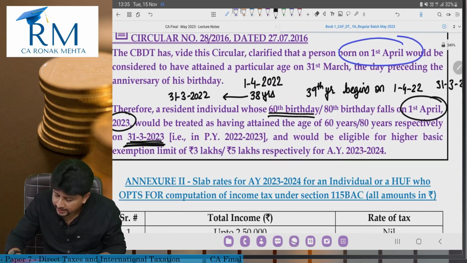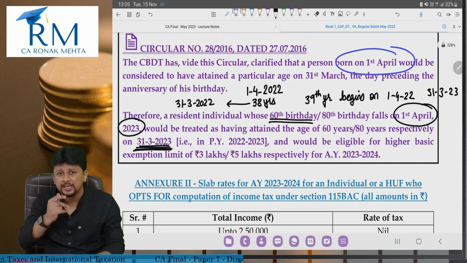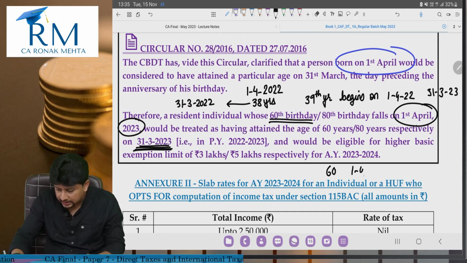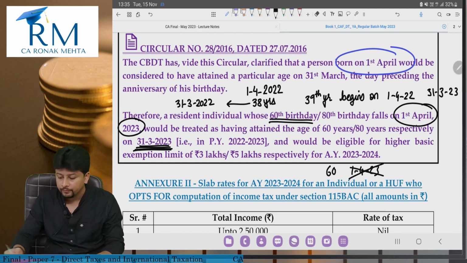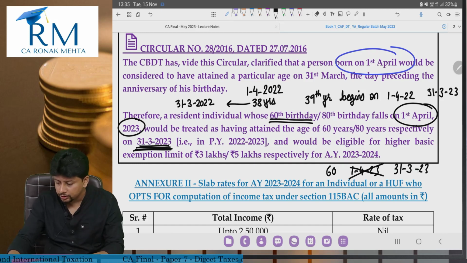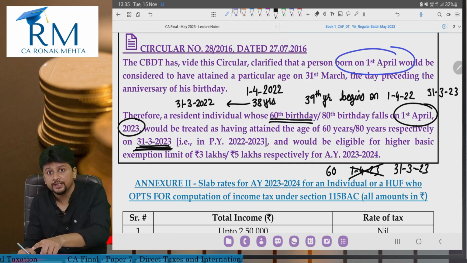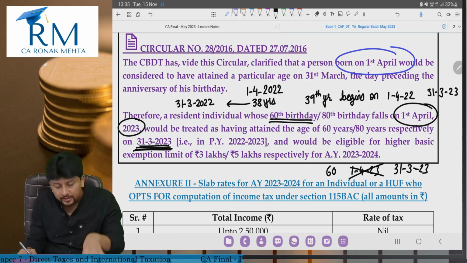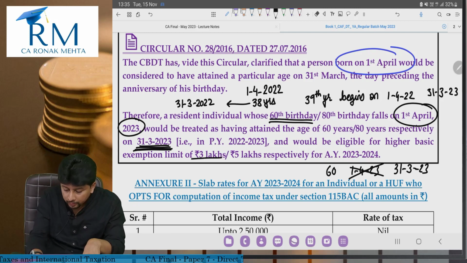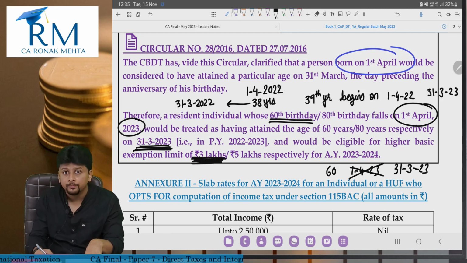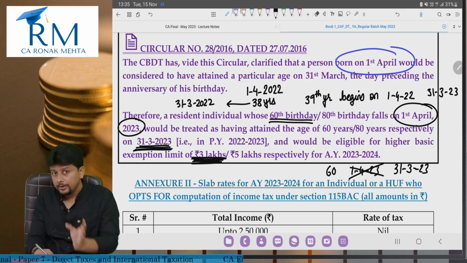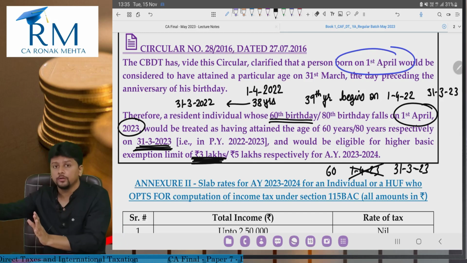If my birthday falls on 1st April 23, then I am not attaining the age of 60 on 1st April 23. I am completing 60 years on 31st March 23, and 31st March 23 falls in previous year 22-23. So I will be entitled to the benefit of basic exemption limit of 3 lakhs for previous year 22-23 only, not previous year 23-24 onwards.